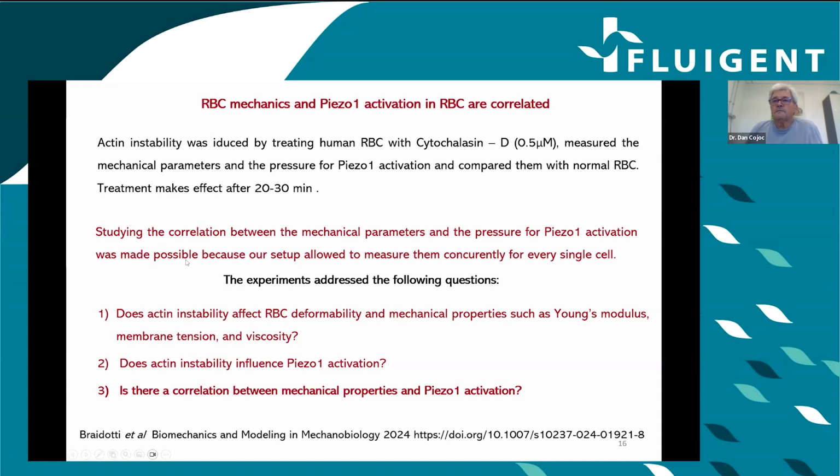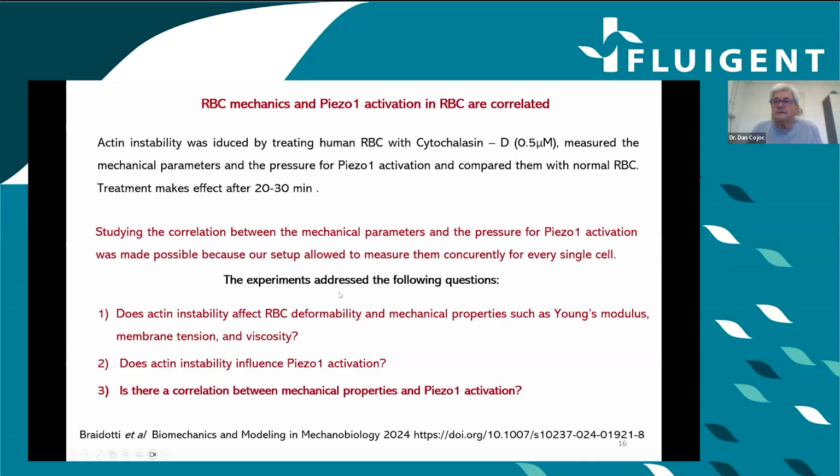This study was made possible because our setup allowed us to measure them concurrently for every single cell. Excuse me if I mention this more than once, but it is the main novelty of the technique that we introduced, and we think it is important to mention.